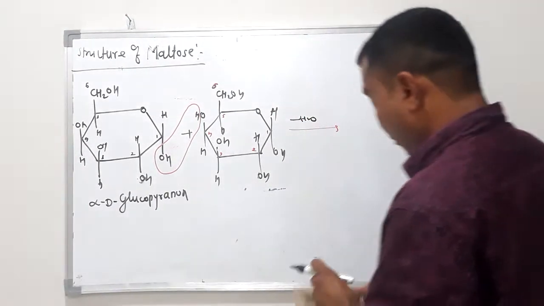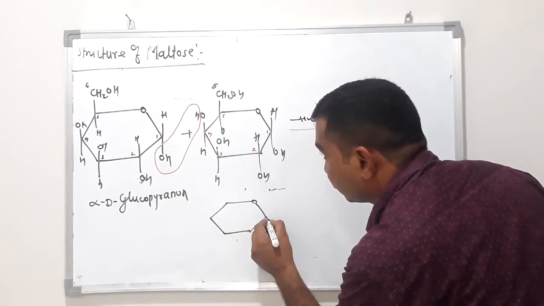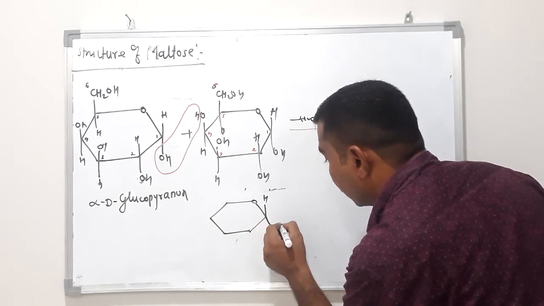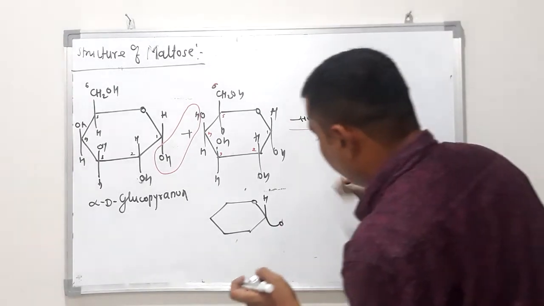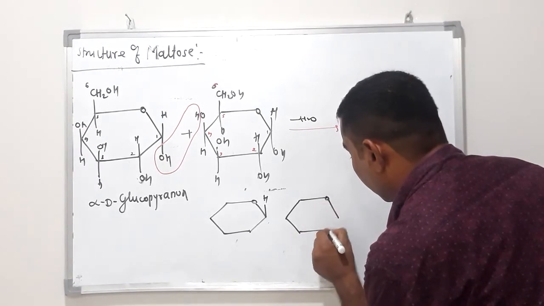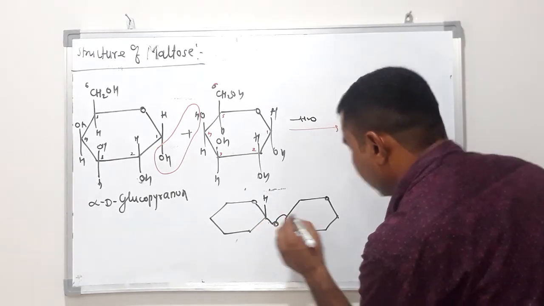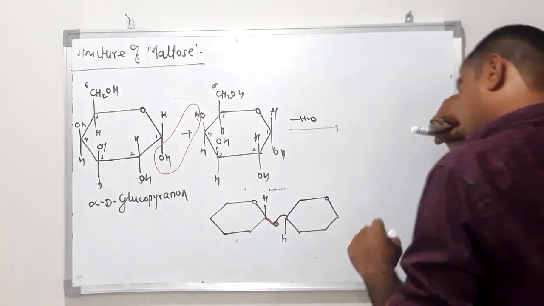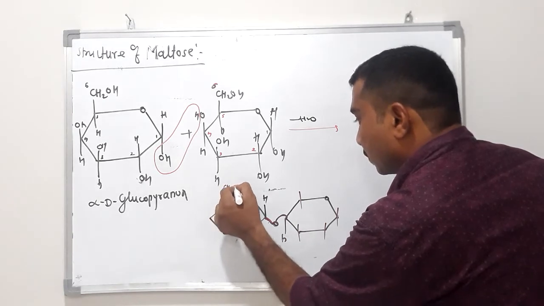I will draw it here, very simple. This is the bond, a simple bond. I will draw it like this, with oxygen present and the remaining parts as they are.